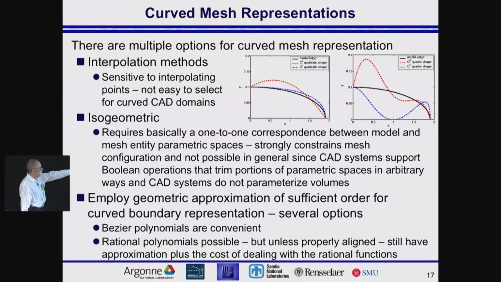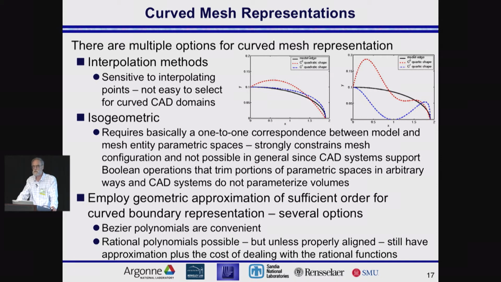You can also apply other geometric approximation methods. We happen to be partial to Bézier polynomials just because they're fairly straightforward to work with. Their derivatives are Béziers. You can use the rationals also, but in fact, we see no benefit to them.